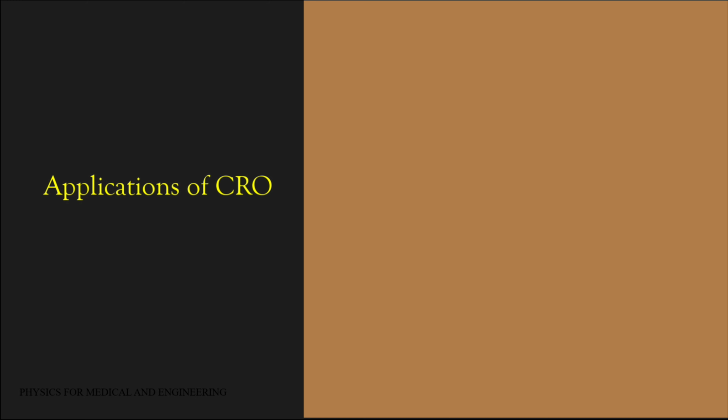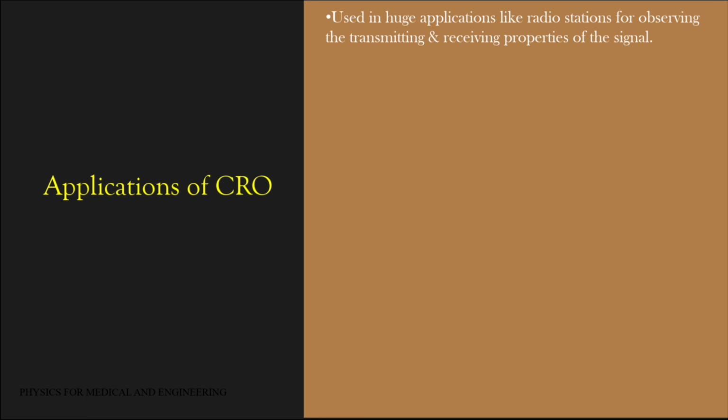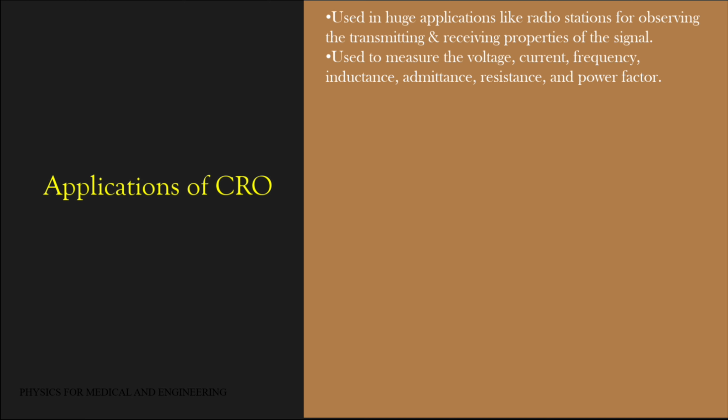Now, let's discuss the applications of CRO. The CROs are used in a huge number of applications, like radio stations for observing the transmitting and receiving properties of the signal. It is used to measure voltage, current, frequency, inductance, admittance, resistance and power factor. This device is also used to check the AM and FM circuit characteristics.